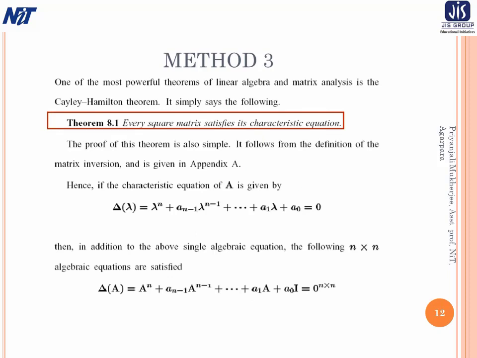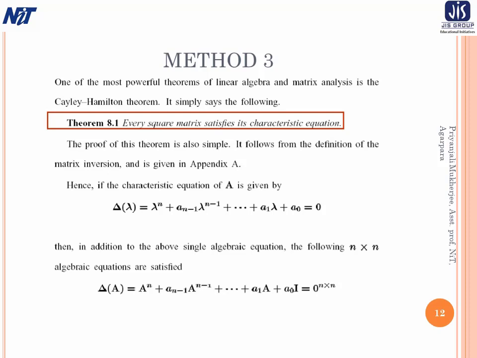Next is the third method, which is known as the Cayley-Hamilton theorem. In the power series method, there is one drawback: we need to calculate the A matrix, A square, A cube, and so on, which is very time consuming, and due to that it is not practicable to calculate the higher powers of A. This drawback can be removed by the Cayley-Hamilton theorem, because as per the Cayley-Hamilton theorem, every square matrix satisfies its own characteristic equation.